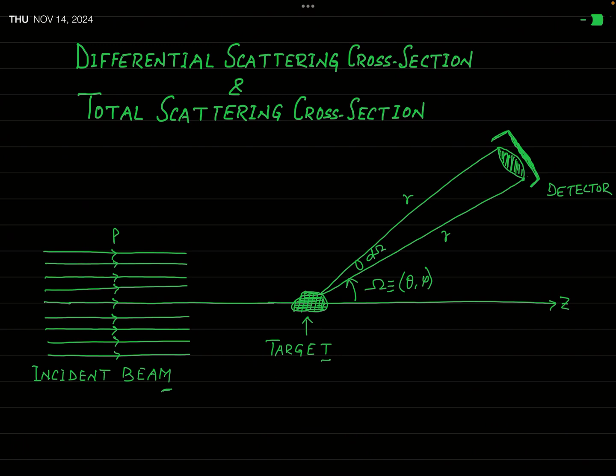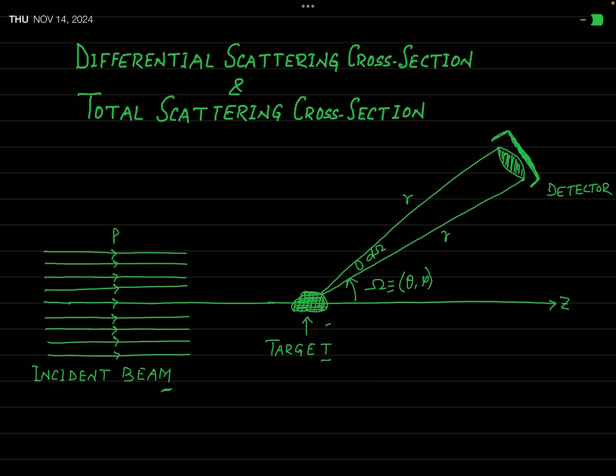So in a typical scattering experiment, a beam of homogeneous monoenergetic particles, that means an ensemble of particles, where monoenergetic means each and every particle must have the same energy, falls on a target, as you can see here.